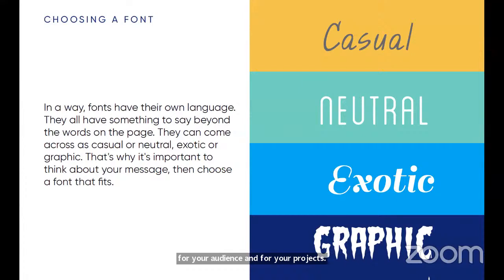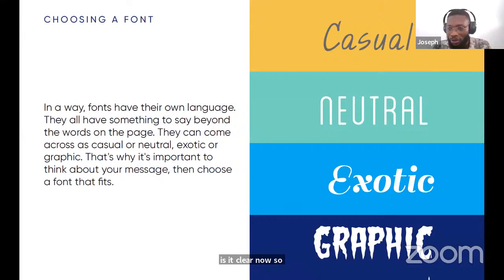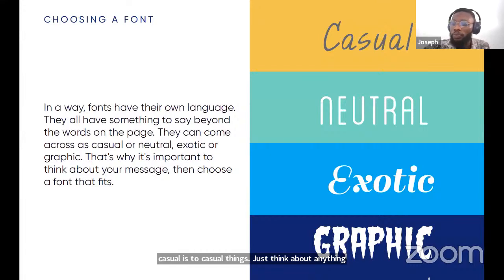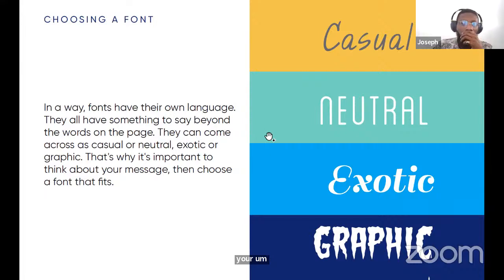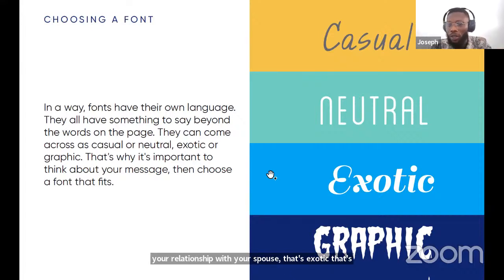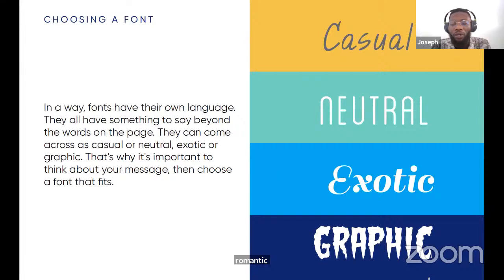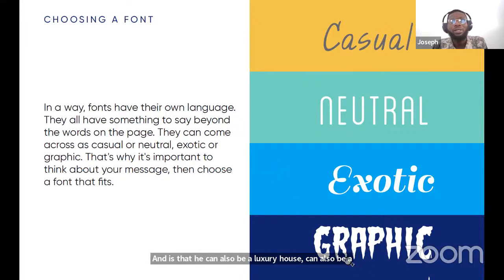So, casual is for casual things. Just think about anything that's casual, your communication with your friend. Your relationship with your spouse, that's exotic, that's romantic. Exotic can also be a luxury house or a luxury event. Graphic can also be fancy.